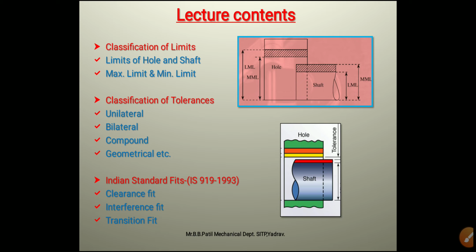Then we are going to learn what is meant by compound tolerance and geometrical tolerance. Then we will turn to Indian standard fits, that is IS 919 and 1993. Then we are going to study the types of fits: clearance fit, interference fit and transition fit. So let us start with today's content.